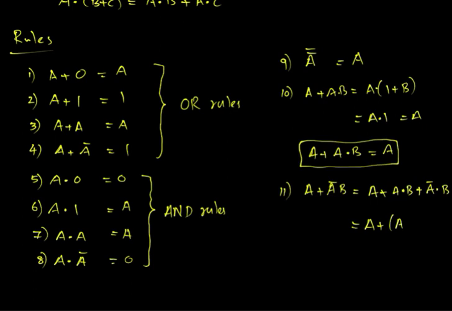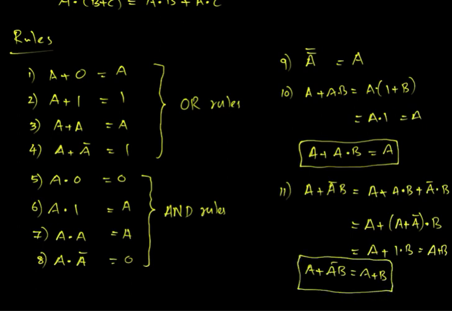Using the distributive law, we can take this b out, so what we will have is a or a complement and b. When you distribute it, you will get a plus a or a complement, and a or a complement is 1, so 1 and b is b itself, so it is a plus b. So the 11th rule is, a or a complement b is nothing but a or b. This is one of the rules.